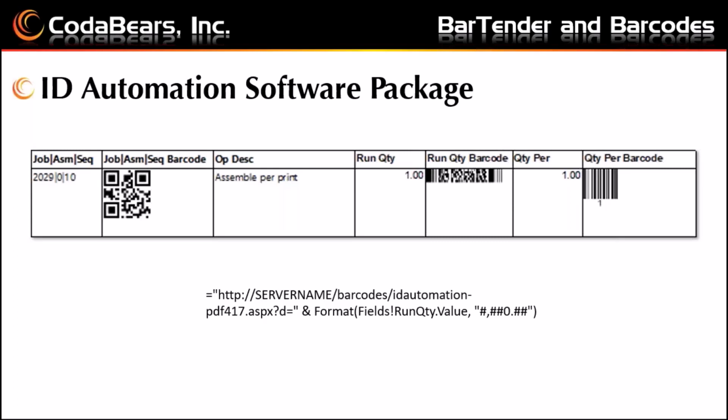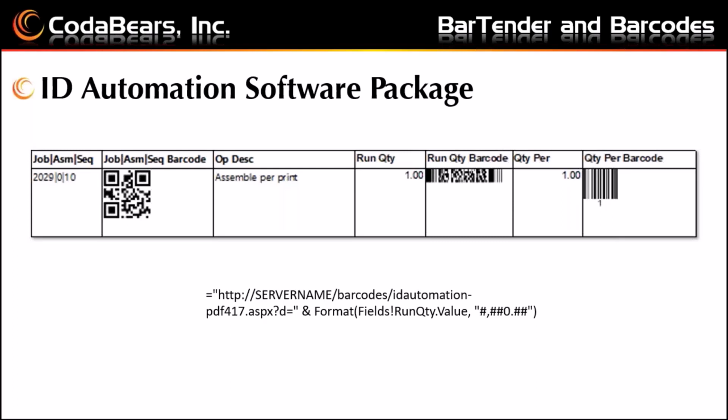So ID automation supports barcodes that are code 128, A, B, and C, GS1-128, MSI, USPS, and PostNet. And then it also includes some 2D codes: Aztec, dot code, PDF 417, QR code, and data matrix.